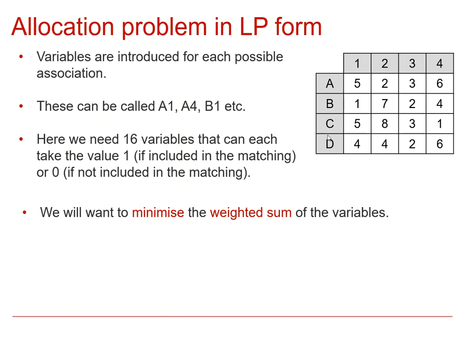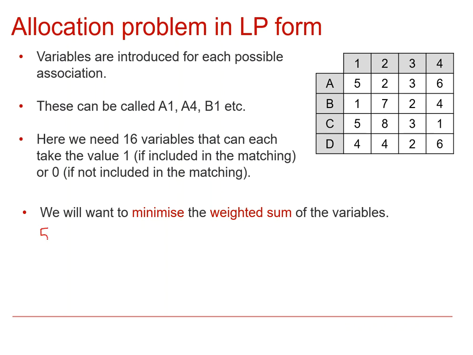So for example, if we were thinking of including this association here, that would be the variable A2 would take a value of 1. That would be multiplied by the cost for that task, which is 2. Alright, so what we need to minimize is this.